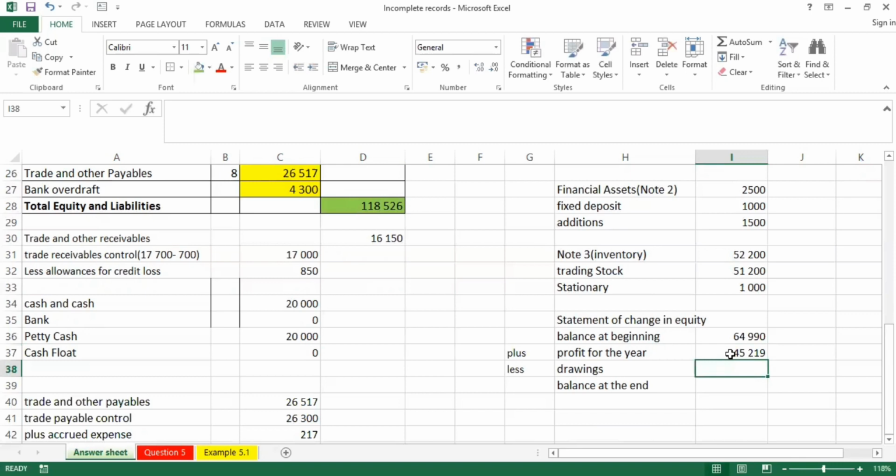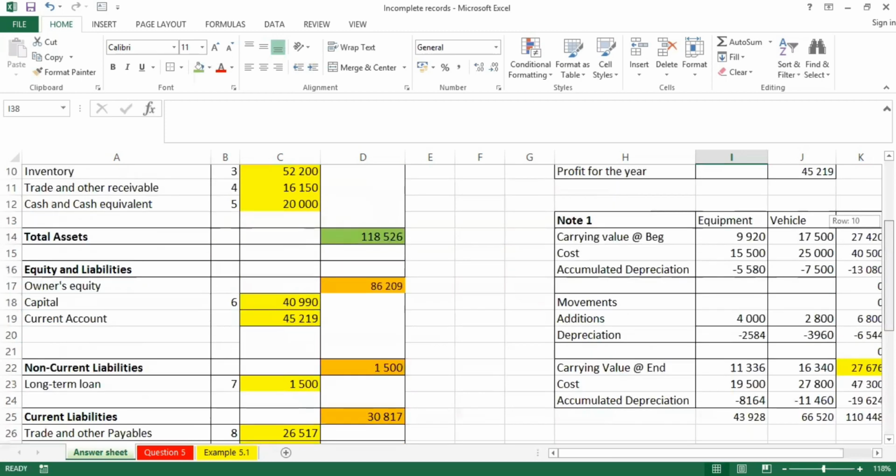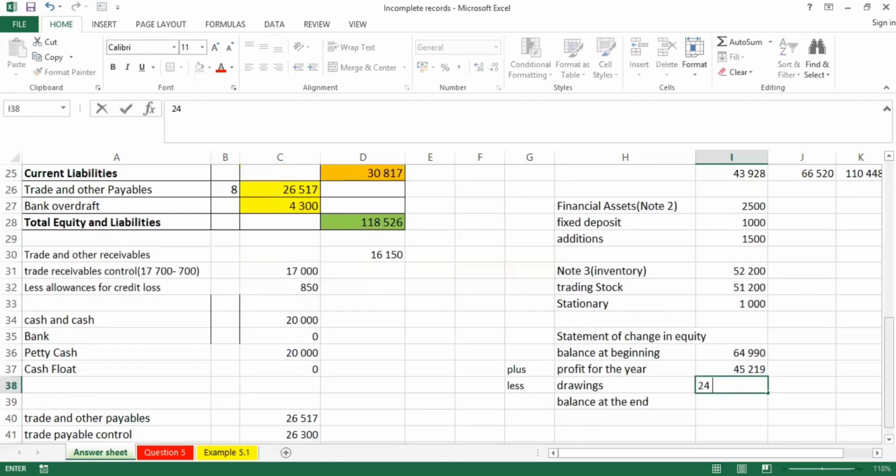And then our drawings, we check, 24,000 in brackets.